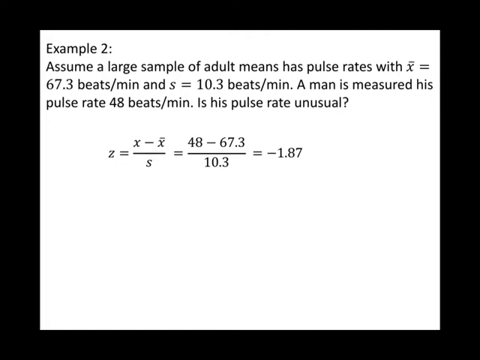So the z-score is equal to negative 1.87, and that is between negative 2 and 2, right? So we know that his pulse rate is usual. For this example, you can also use the range rule of thumb formula. Find the minimum usual, find the maximum usual, and then look at whether the value of x is between, less than, or greater than them.